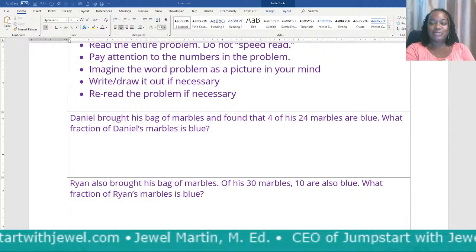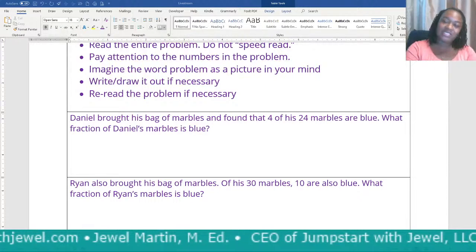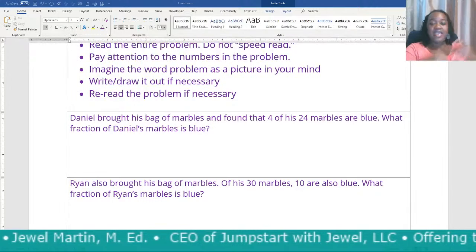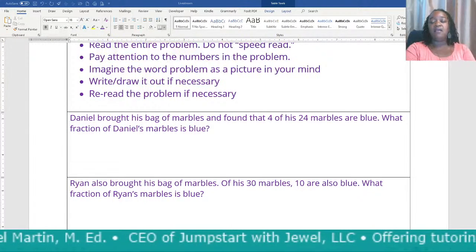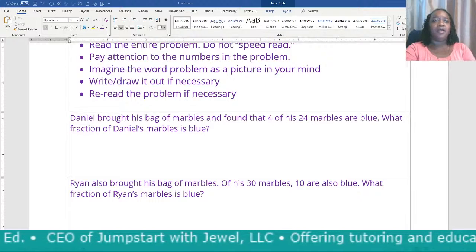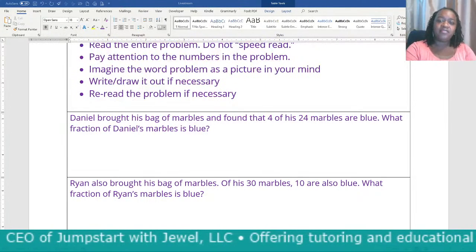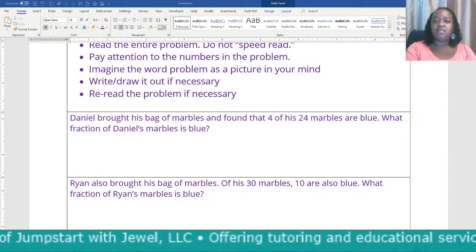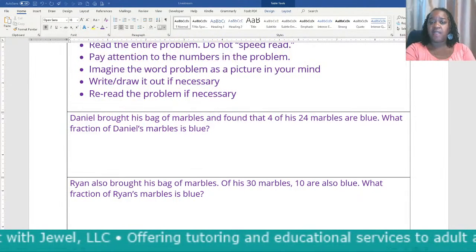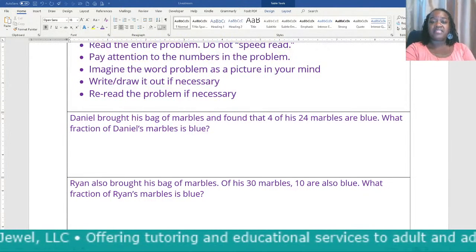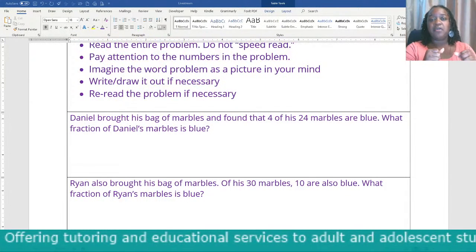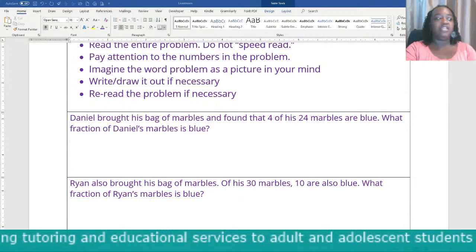We provide tutoring and educational support services to adult and adolescent students. Students that may have ADHD, autism, dyslexia, any medical issues that would prevent a student, adolescent, or adult from being in a traditional learning environment, or that prevent them from learning effectively in a traditional environment.